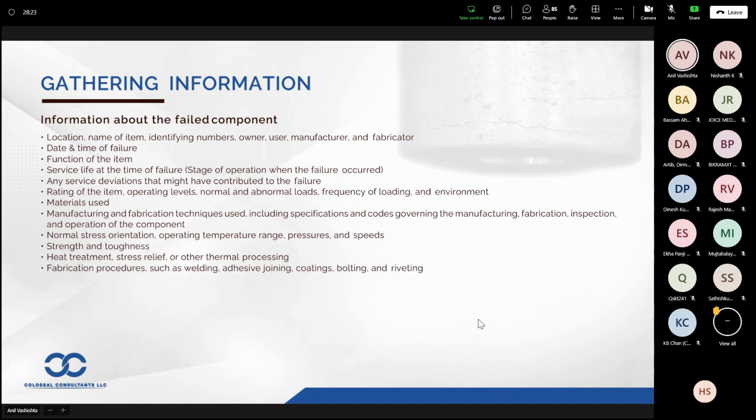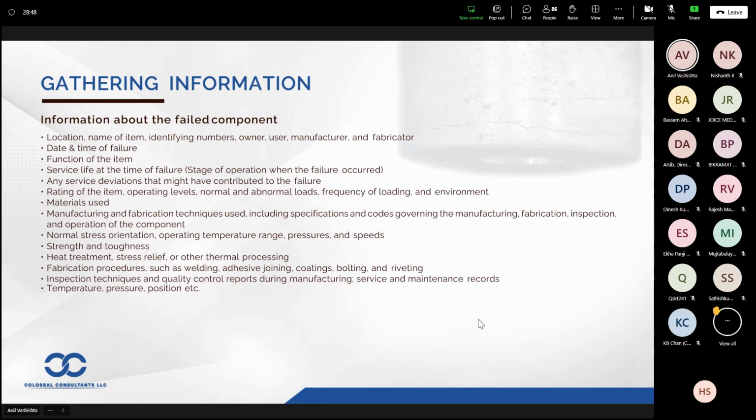heat treatment, fabrication procedures like welding, adhesive joining, coatings, bolting, inspection techniques. What were the inspection techniques adopted in the past, during the commissioning or during the stage-wise inspection, during the service and the maintenance, and you have to check the service and maintenance records.